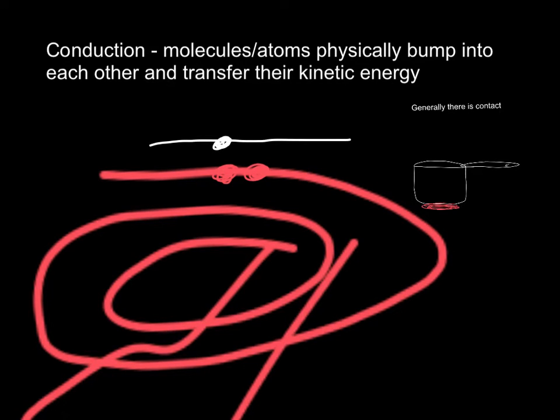So this guy here is vibrating back and forth, and he's going to crash into this guy, and he's going to cause this guy to bounce back and forth, and that's going to cause the next guy to bounce, and the next little molecule to bounce. Do you see how they're bumping into each other, and they're causing each other to vibrate, and they're basically transferring that energy by bouncing off of each other.